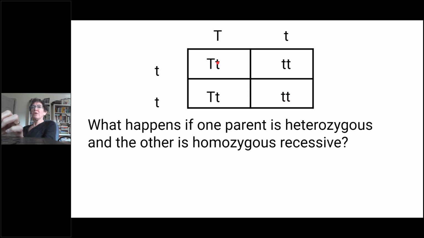So we look at our results here. We see that 2 of our 4 offspring would have straight thumbs and 2 would have hitchhiker's thumbs. The genotype is 2 heterozygous for straight thumb, 2 homozygous recessive for hitchhiker's thumb.